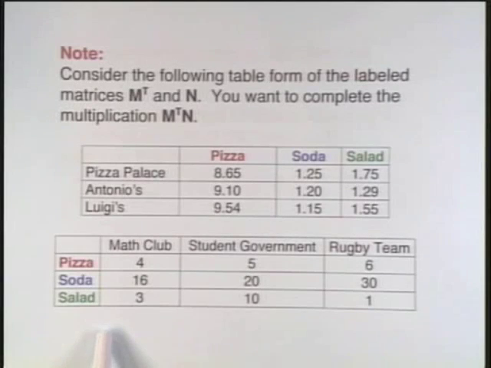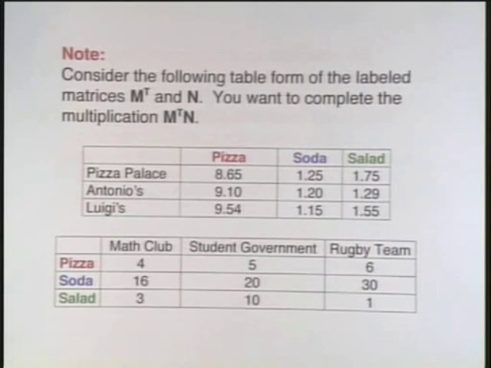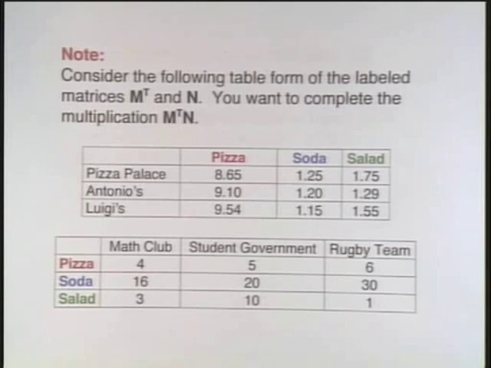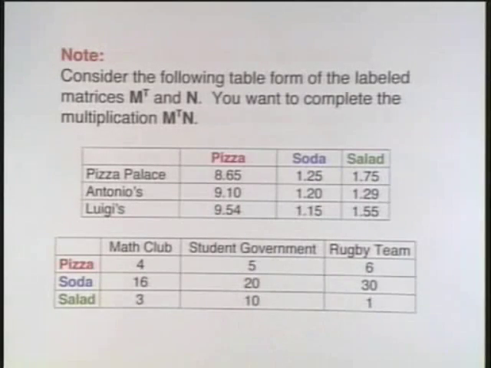So they match up. Although it is not necessary to do so to complete the matrix multiplication M transpose times N in this example, in general, rearranging the rows or columns in one or both matrices so that the column labels and row labels correspond might be needed before you can perform the desired matrix multiplication.